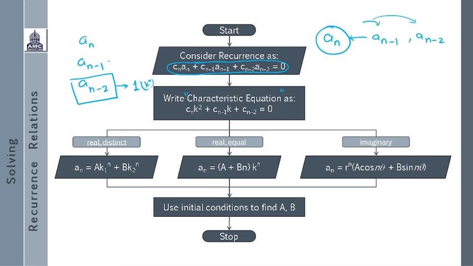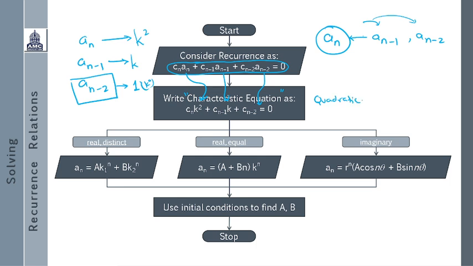The parameter given for a_{n-1} is k, and the one above that is k squared. So you can see in place of a_n, we have written k squared. In place of a_{n-1}, we have written k, and for a_{n-2}, we have written 1. So we get a characteristic equation, which is a quadratic equation.